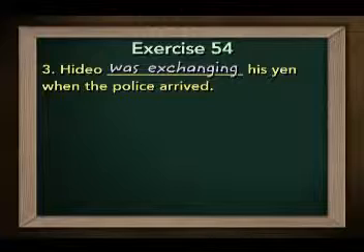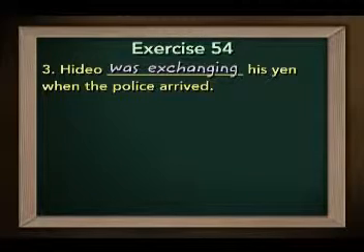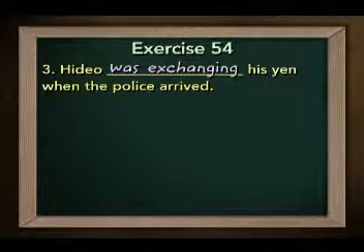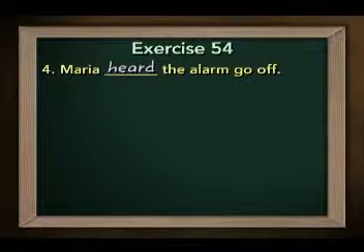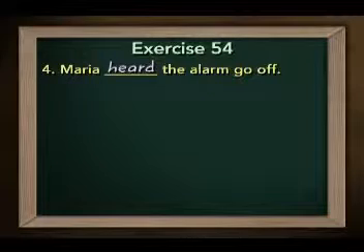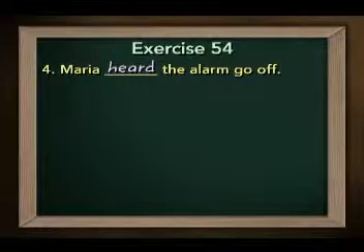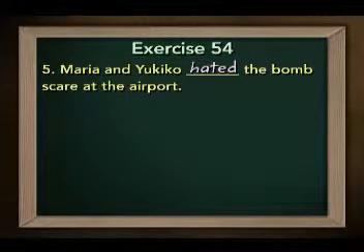Then Hideo was exchanging his yen when the police arrived. Next, Maria heard the alarm go off. Here is a verb of sense, so we use just past tense. Next, Maria and Yukiko hated the bomb scare at the airport. Verb of emotion, just past tense.